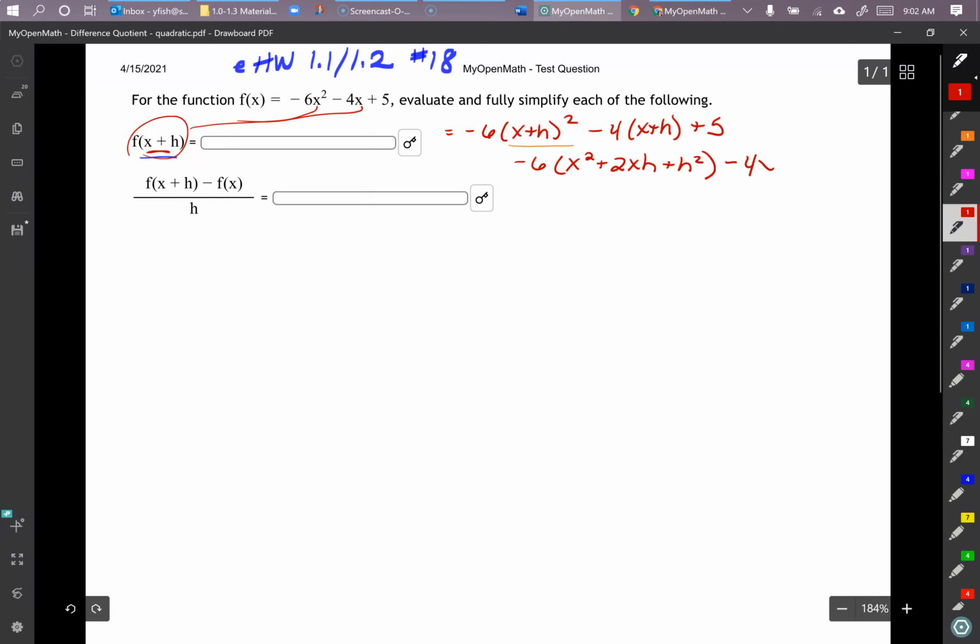Then minus 4x minus 4h plus 5. And then we want to go back and distribute the negative 6. So I have negative 6x squared minus 12xh minus 6h squared minus 4x minus 4h plus 5.